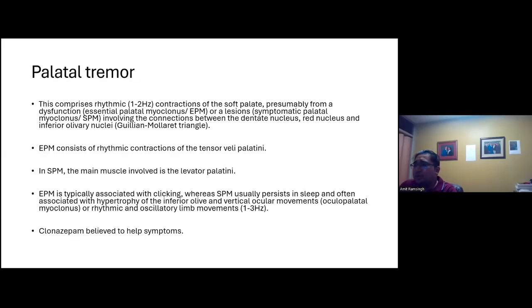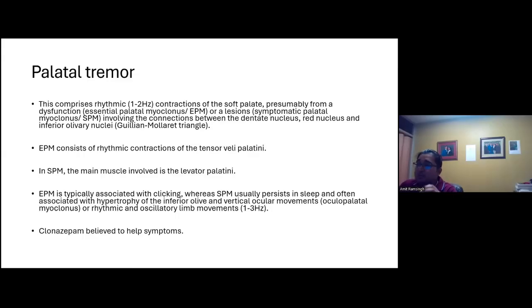So interestingly here, we have the palatal tremor. And it's a combination of rhythmic contraction of the soft palate, and it could take the form of two entities. So we have essential palatal myoclonus, which is usually more benign, and it usually is not disruptive to the patient.